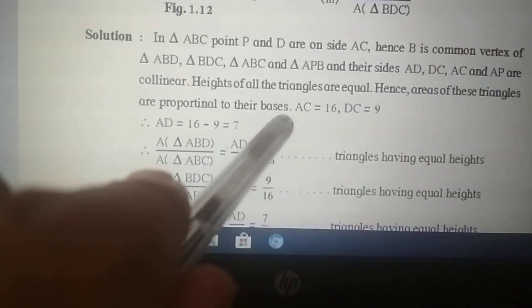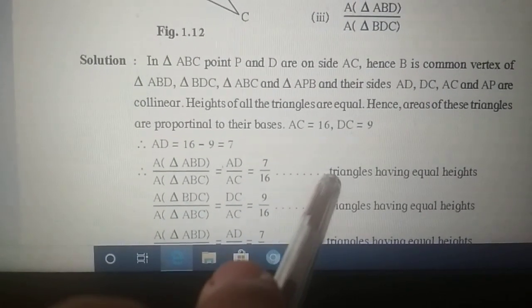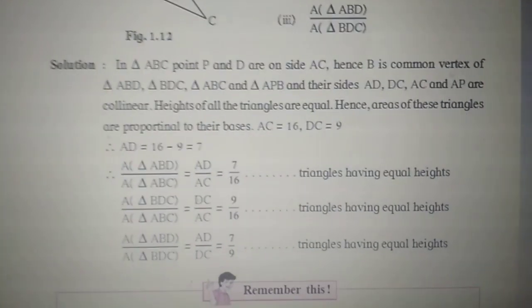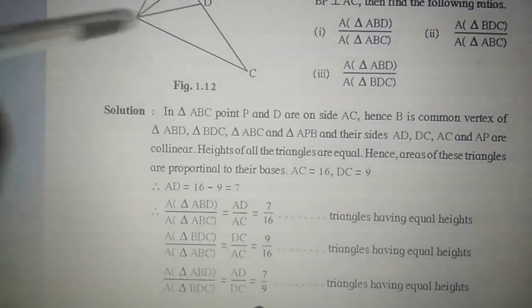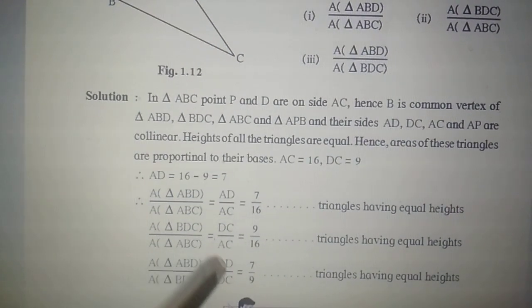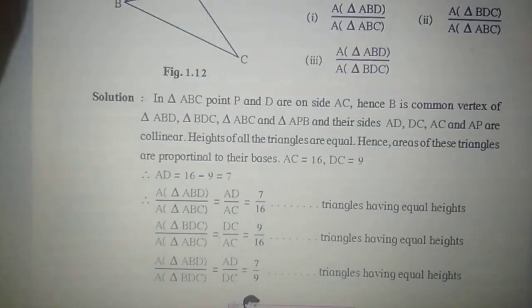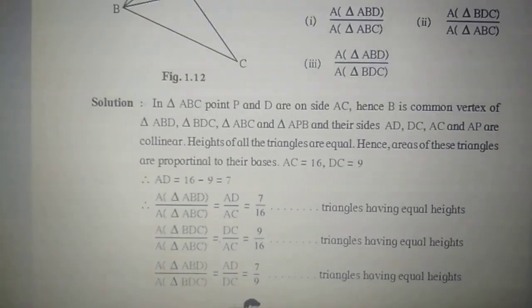Therefore AD upon AC, that is 7 upon 16. Triangles having equal heights, the reason is the same. Then BDC upon ABC. BDC is this lower triangle, BDC upon ABC equals DC upon AC, that is 9 upon 16.